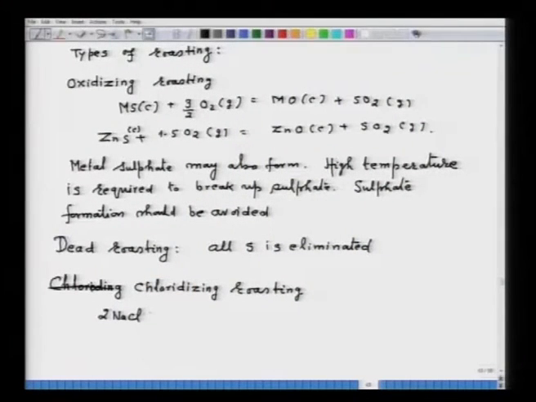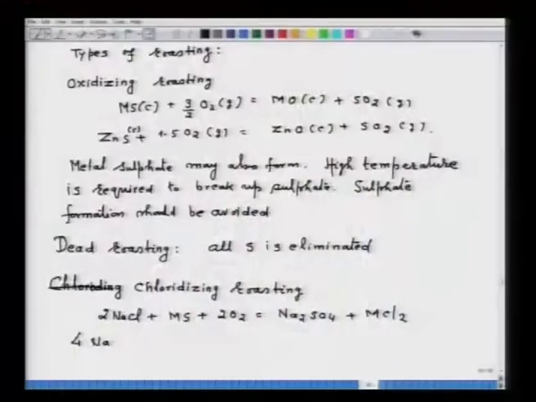So, the reaction could be 2 NaCl, NaCl is normally used, plus MS, that is the sulphide, plus 2 O2, equals Na2SO4 plus MCl2. You can call this a direct chlorination.